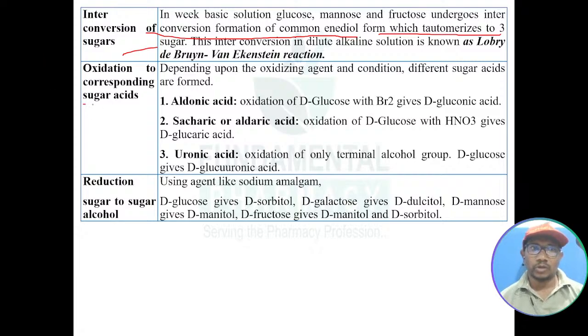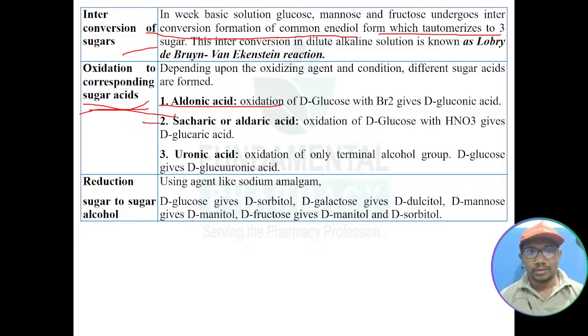Then oxidation products, a question has come on this. Depending on the oxidizing agent and the carbon involved, sugars are oxidized to aldonic acid. Aldonic acid means glucose when treated with bromine will give you gluconic acid, or aldonic acid.